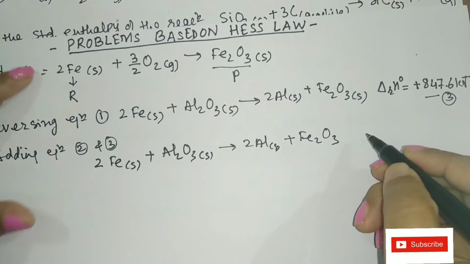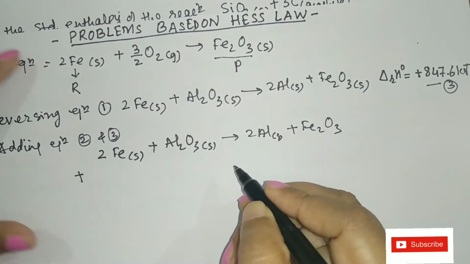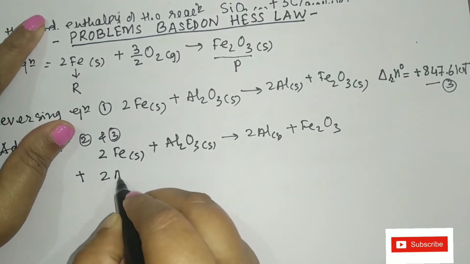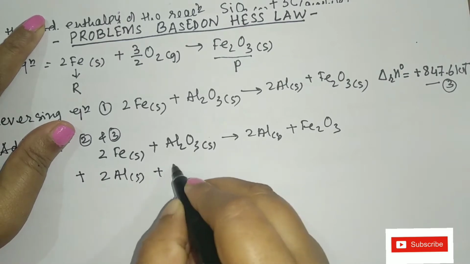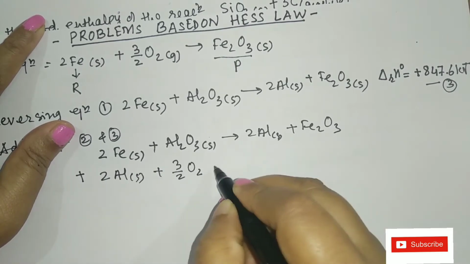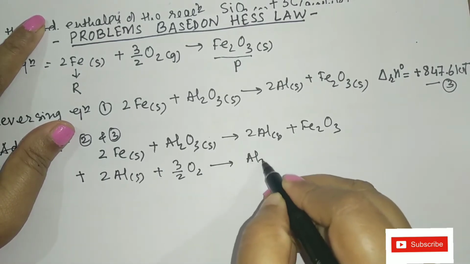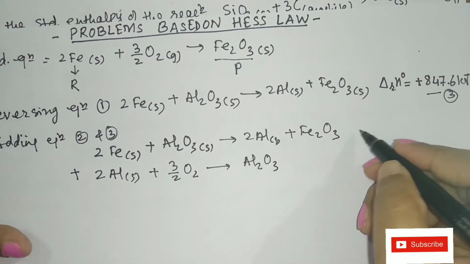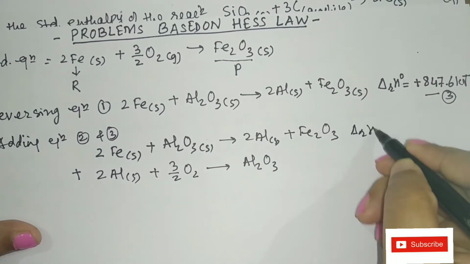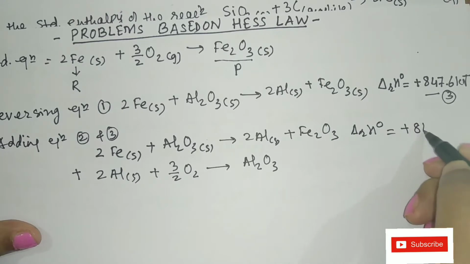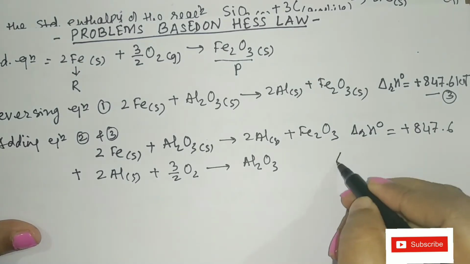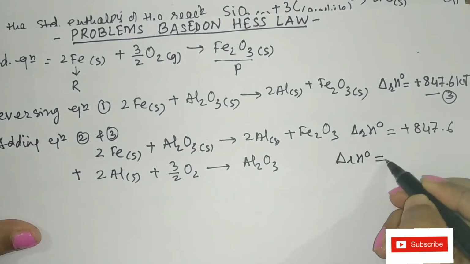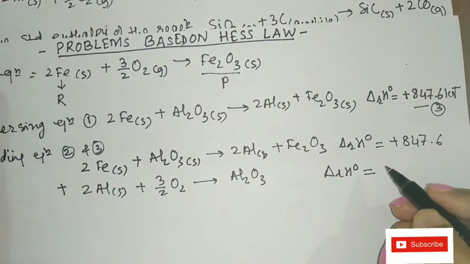This is my equation 3 plus equation 2. So this I will add: 2Al solid plus 3/2 O2 gives Al2O3. Now the enthalpy for this reaction is plus 847.6, and for this enthalpy, as I have not disturbed this equation, I will write the value as it is.